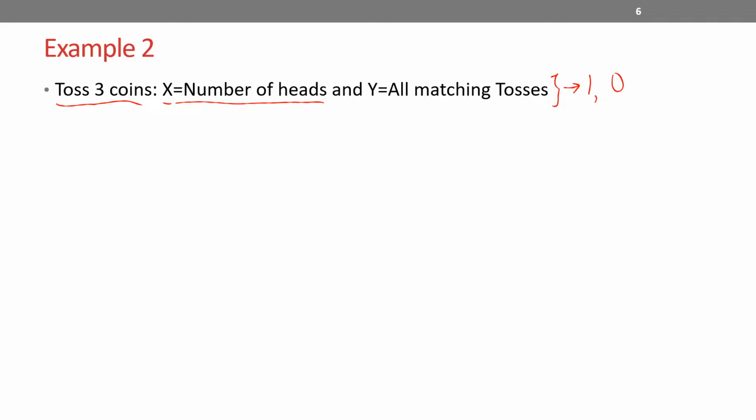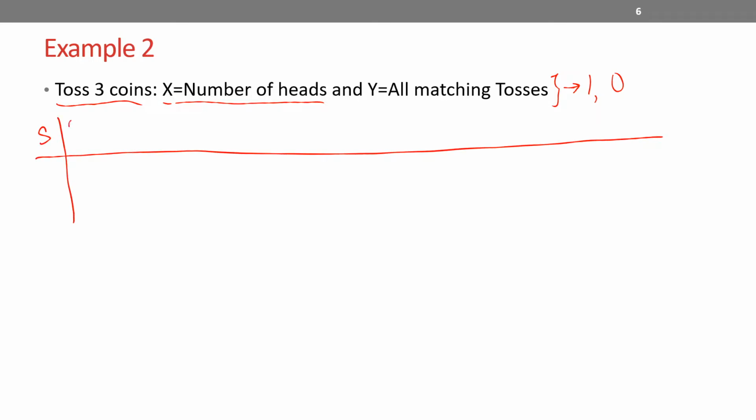A standard way of representing random variables for any experiment is to tabulate all the outcomes and then map to the real numbers. So that's what we're going to do for this experiment. My sample space S is all of these outcomes. So obviously I have H, H, H, and then let me quickly write down all the possible outcomes.